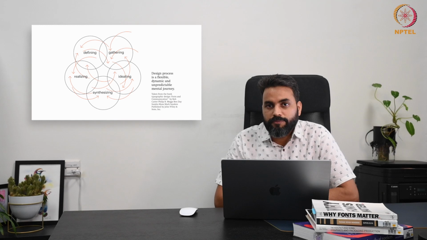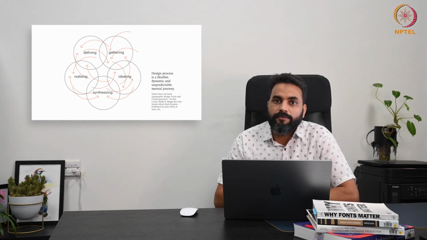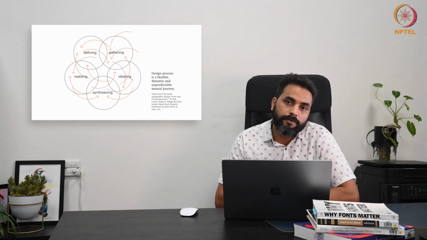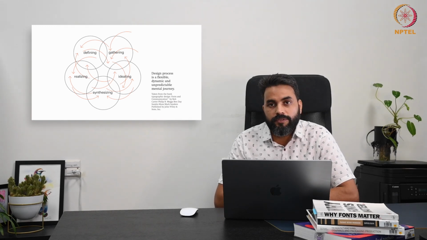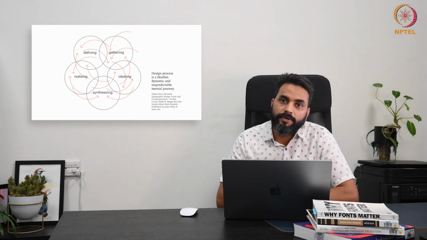In this model, which is visible on the screen, it is a very flexible, dynamic, and unpredictable model which explains the journey which design brings. There is a lot of overlapping between each stage.